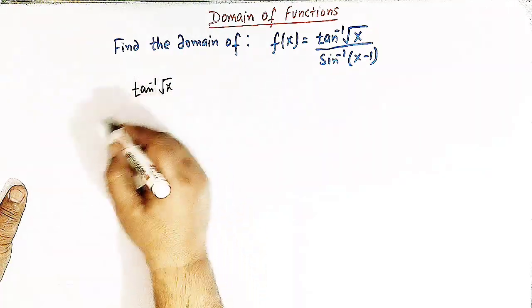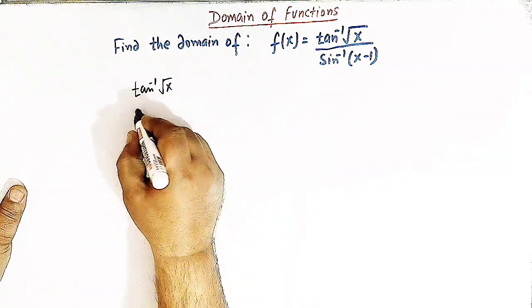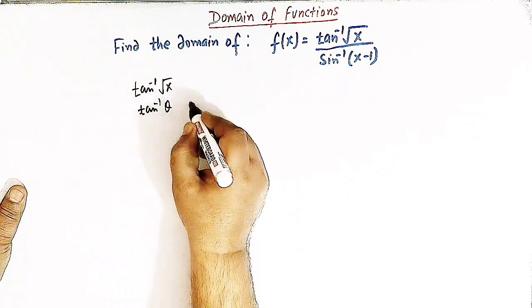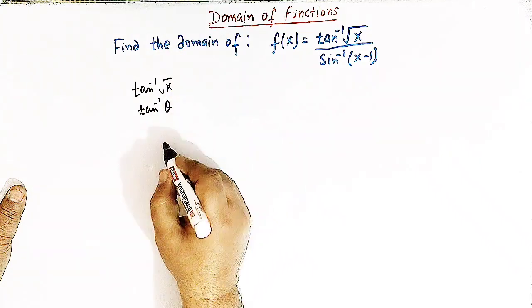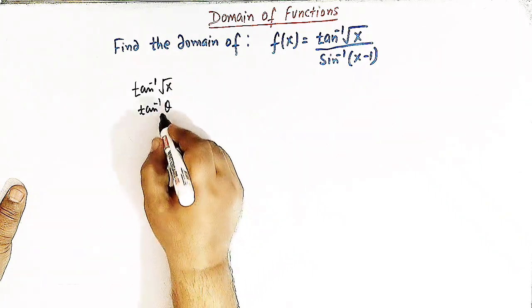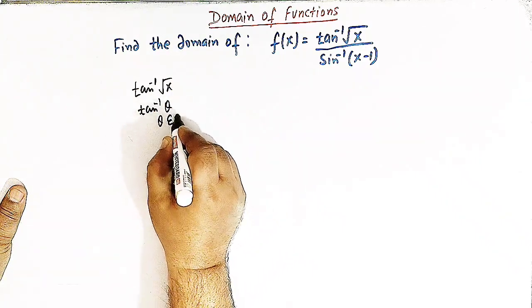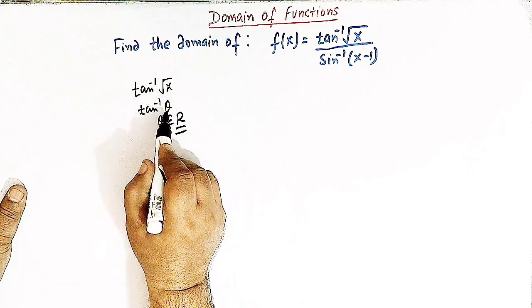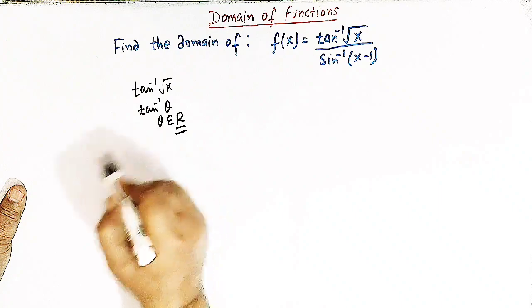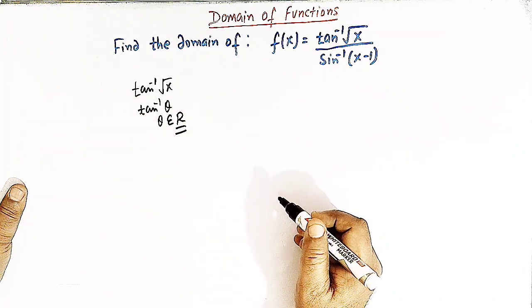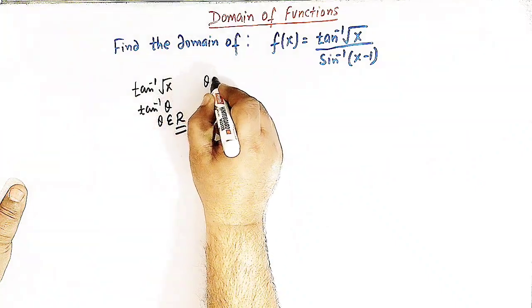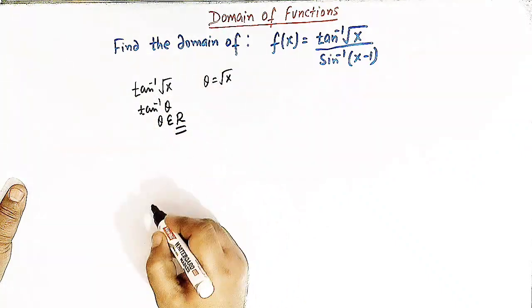Now see, from inverse trigonometric functions, we know that the domain of tan inverse theta is the set of all real numbers. That is, theta belongs to the set of real numbers. So whenever we have tan inverse theta, then theta takes all the real numbers. Now here for theta we have square root of x, right?